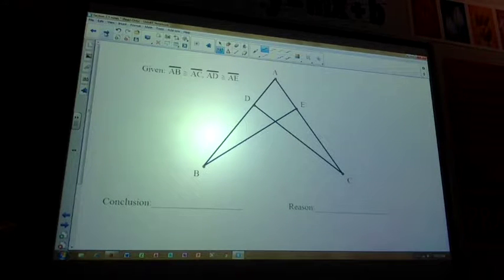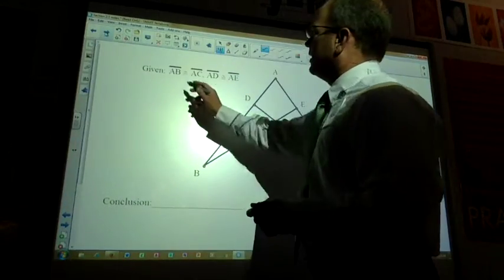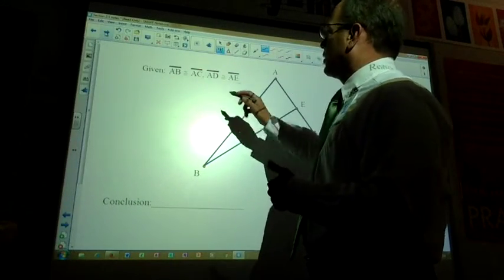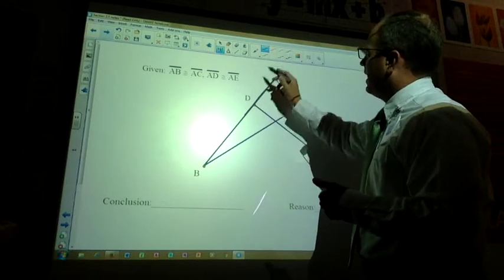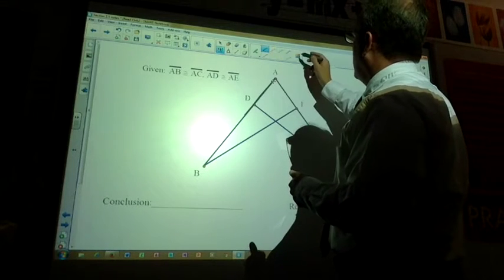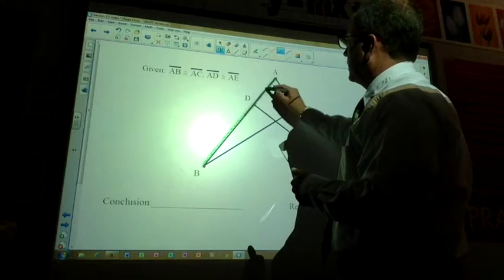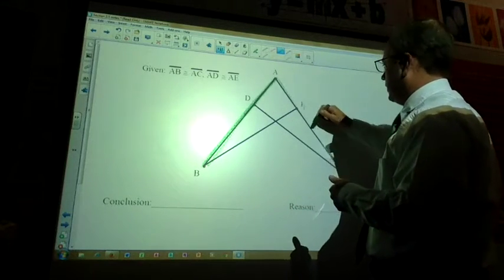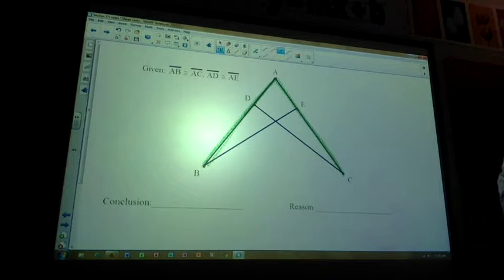All right. So let's see a few things that we know. This tells me that AB is congruent to AC. So AB, this whole length here. Let's do better. We're going to do the crayon and we're going to go green. So we're stating that this and this are congruent to each other. Is that okay so far?